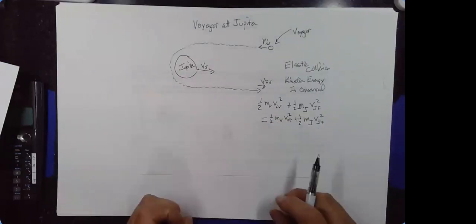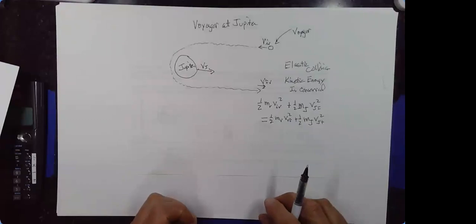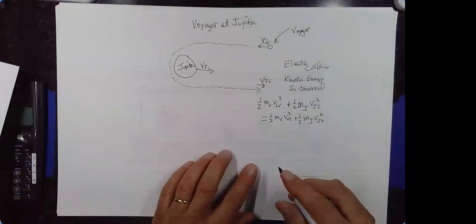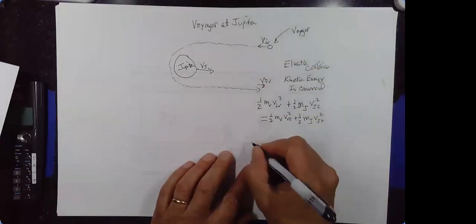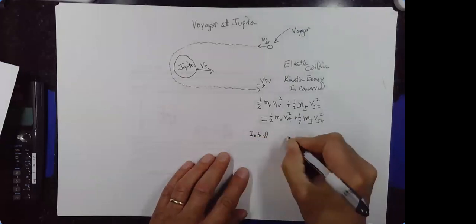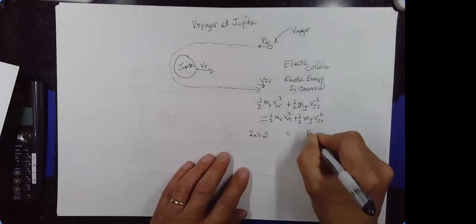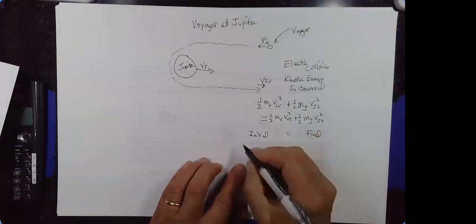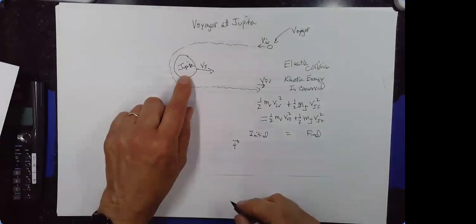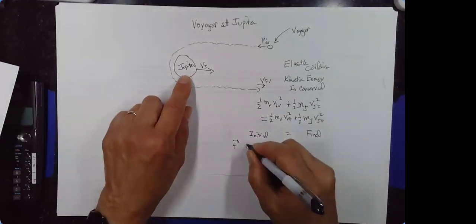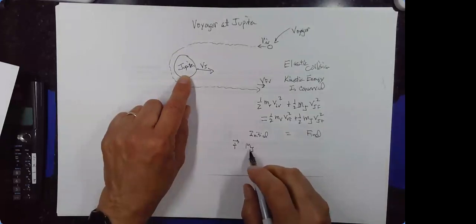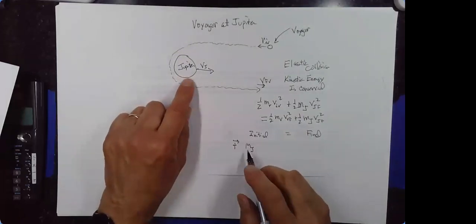And that other equation comes from the conservation of momentum. And momentum has direction. So I'm going to give direction to these things. I would say the initial momentum is going to equal the final. Well, if I say positive is to the right, then Jupiter has positive momentum to begin with. It's got the mass of Jupiter. Oh, and I just wrote Jupiter's mass with a capital M. Maybe I should, because it's bigger.